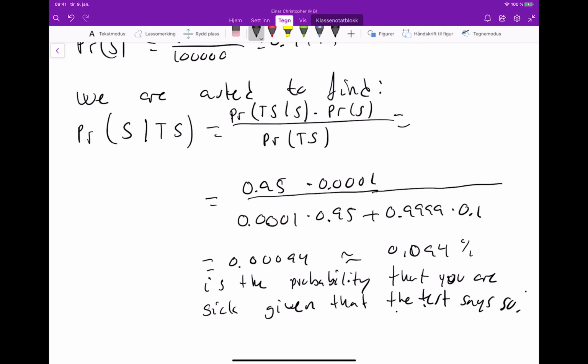So actually we don't know very much of the person which have a positive test. It's a very big chance, very, very big chance that he is not infected at all.